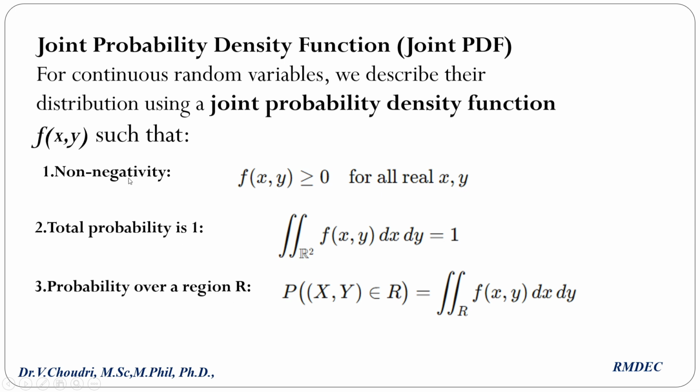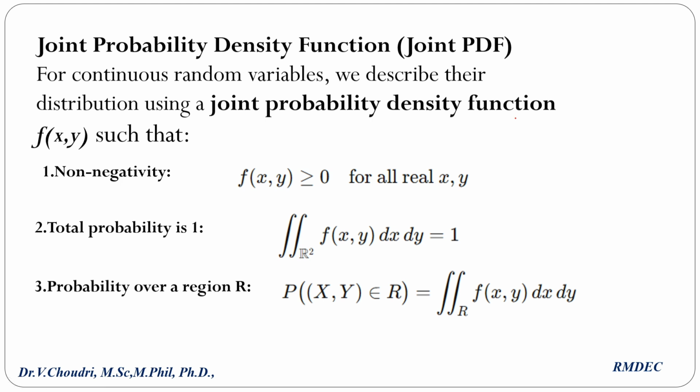Non-negativity: f of x, y is greater than or equal to 0 for all x and y. So when we take any values of x and y, f of x, y is greater than or equal to 0. Total probability is 1: the double integral over R square of f of x, y dx dy equals 1.